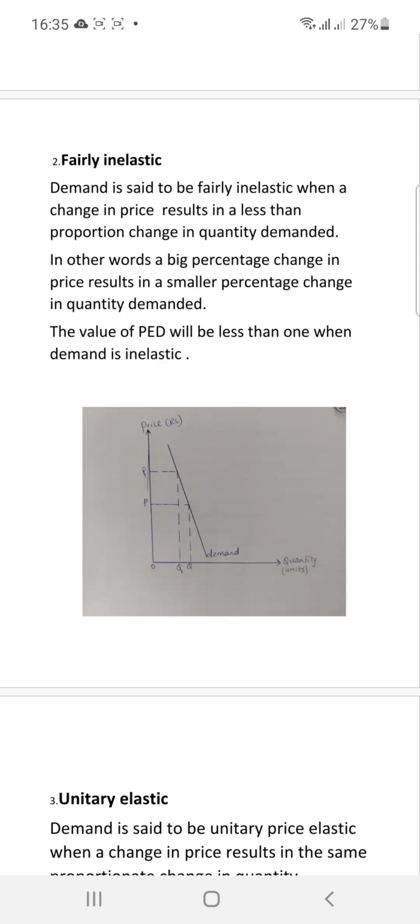And when drawing the diagram, we have to be careful to show that the distance showing change in price is greater than the distance showing change in quantity. Our demand curve will be much steeper than in the case of an elastic demand. So for an inelastic demand, our demand curve will be steeper.